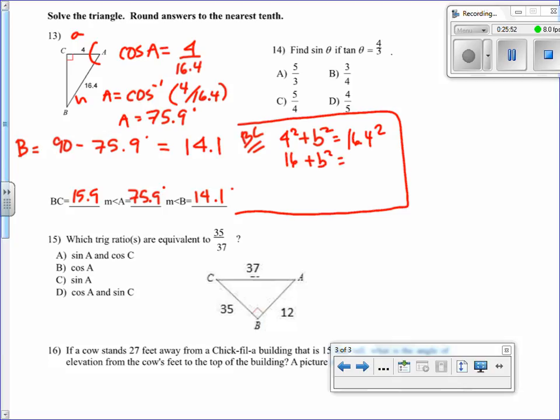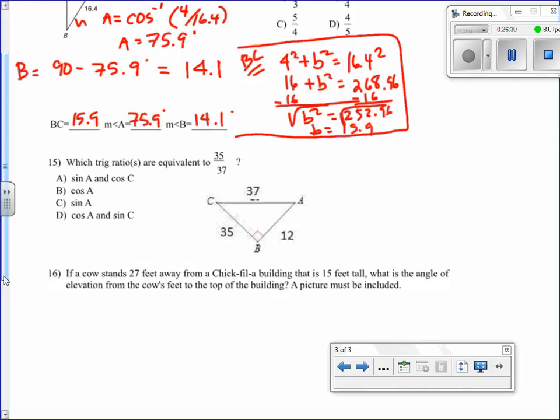Does anyone know what 16.4 squared is? 268.96. Thank you. Then we would subtract 16 from both sides. And so that's going to be 252.96. And then you take the square root of both sides, and that's how you get 15.9.